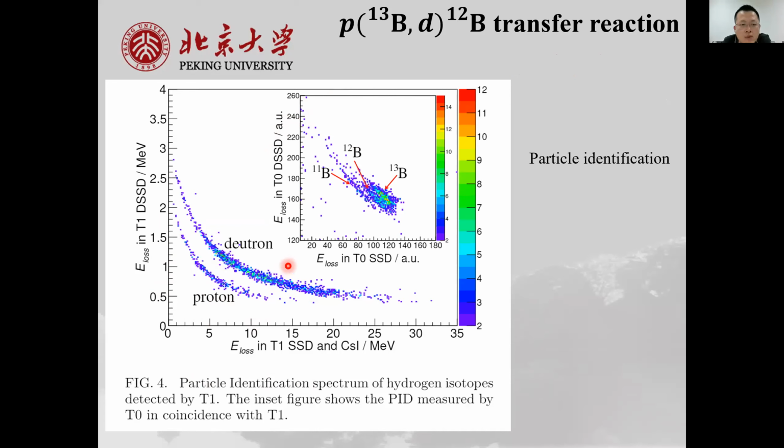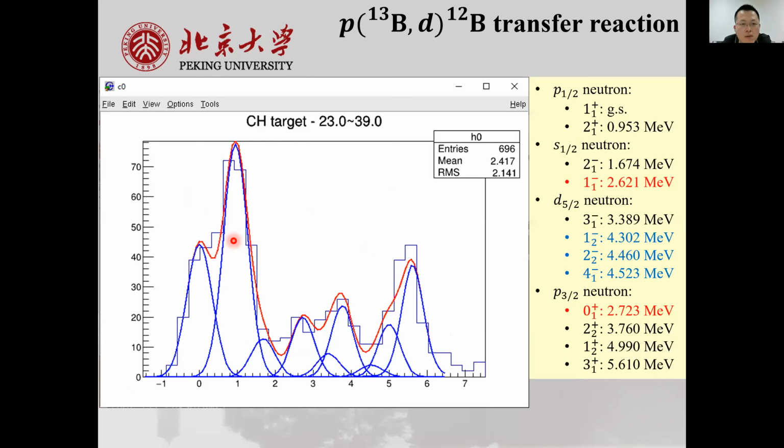This is the reaction product, the boron isotope. Also, we use the deuteron to analyze the energy spectrum and the angular distribution. This is the energy spectrum we obtained from the energy and the position information of the deuteron.